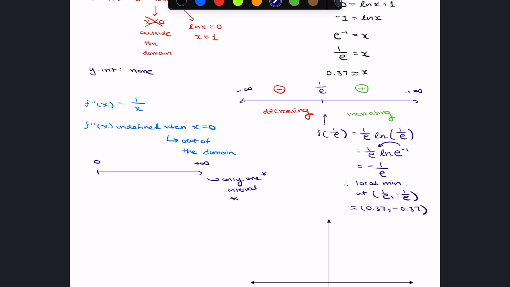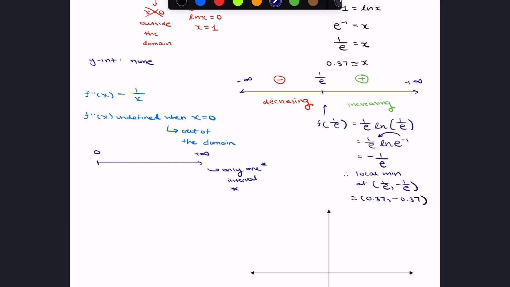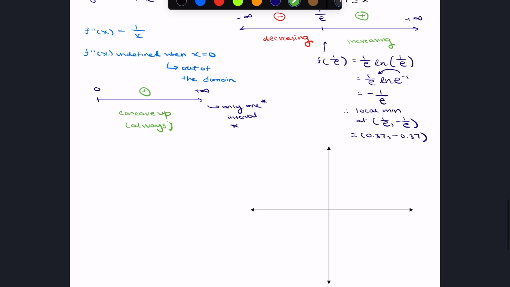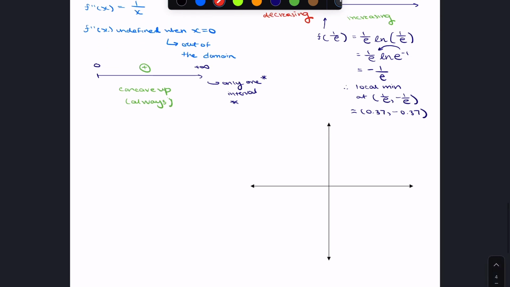So since it's really on one interval, if we sub in a point like 1, we see that that's going to be positive, and we see that it's concave up, and that's going to be happening always. So here, again, we see at (0, 0), that's going to be a hole there.